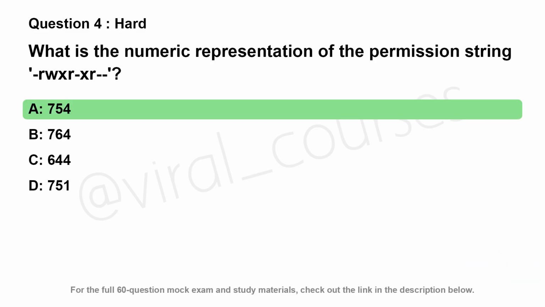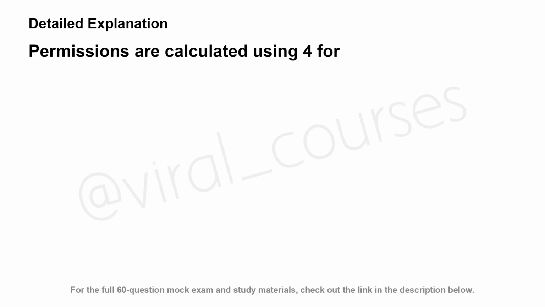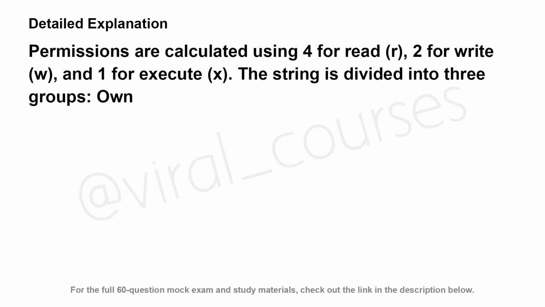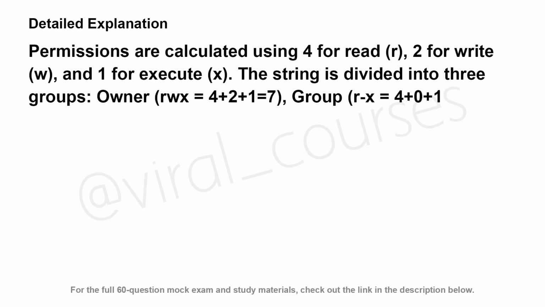The correct answer is A. Permissions are calculated using 4 for read, r, 2 for write, w, and 1 for execute, x. The string is divided into 3 groups. Owner, rwx equals 4 plus 2 plus 1 equals 7. Group, r-x equals 4 plus 0 plus 1 equals 5.